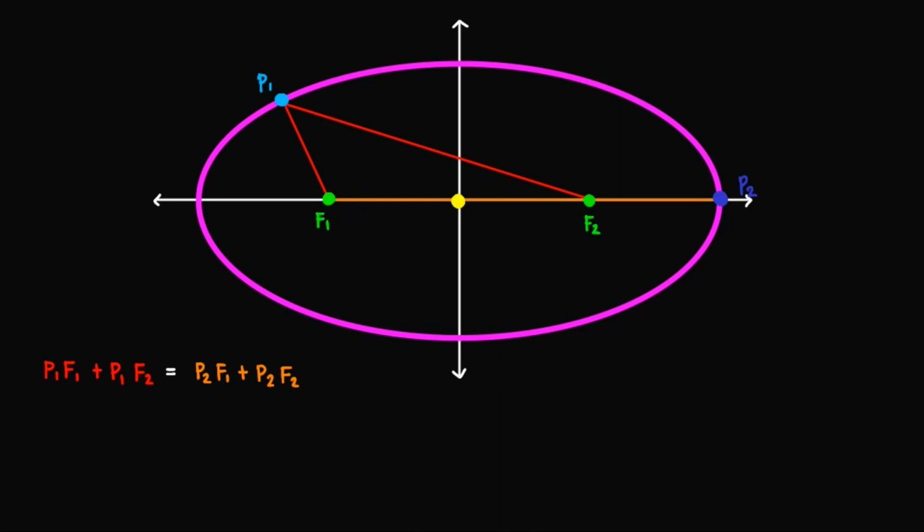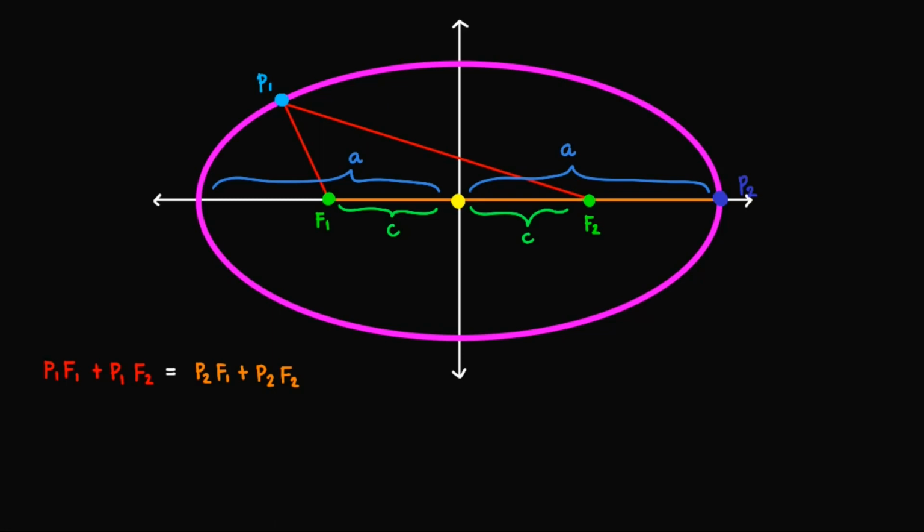So to solve this, we recall that the length of the semi-major axis is given by A, and the length of the focal distance, or the distance from the center to one of the foci, is given by C. So given that, we can obtain the values out here.